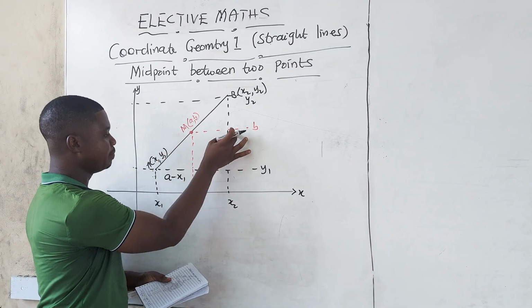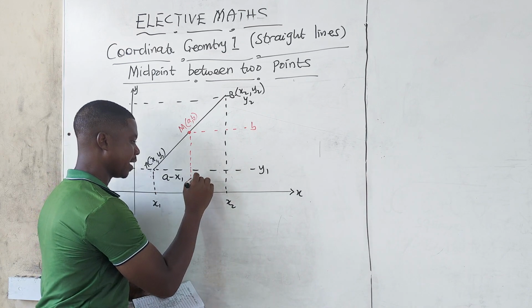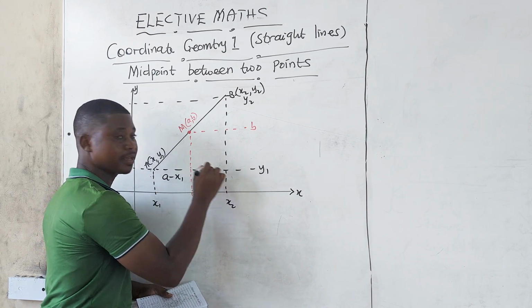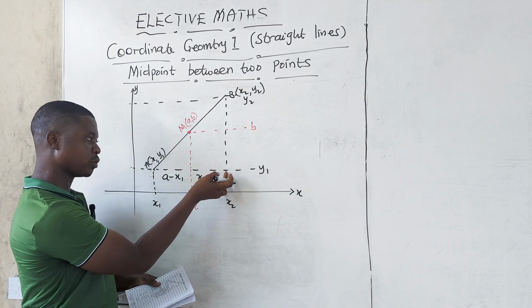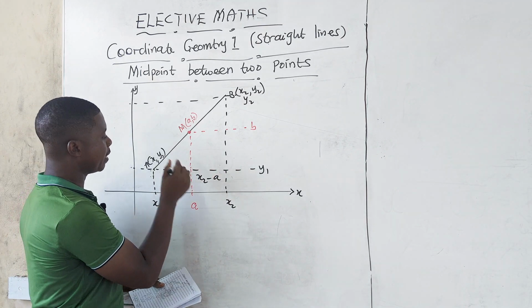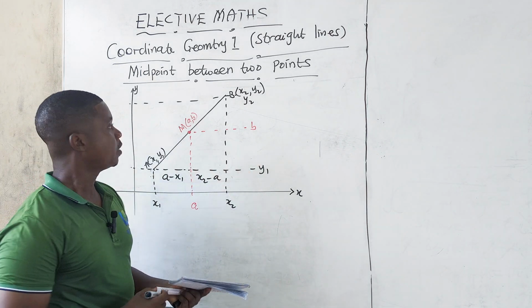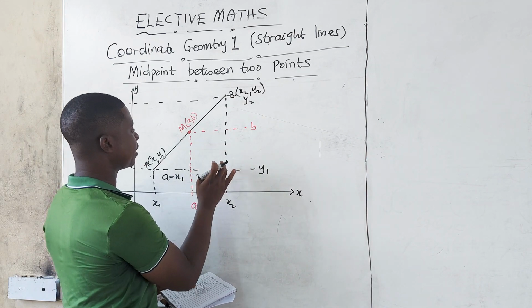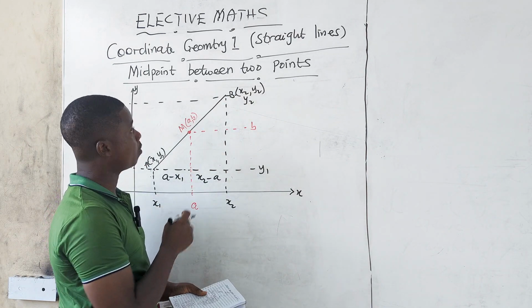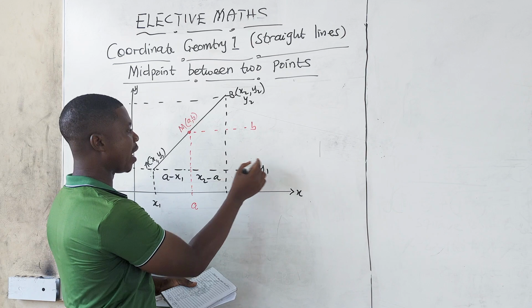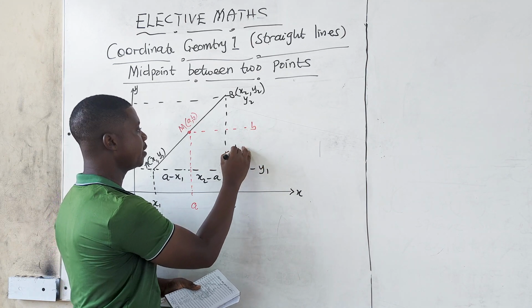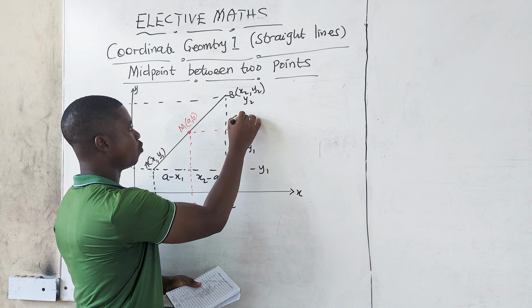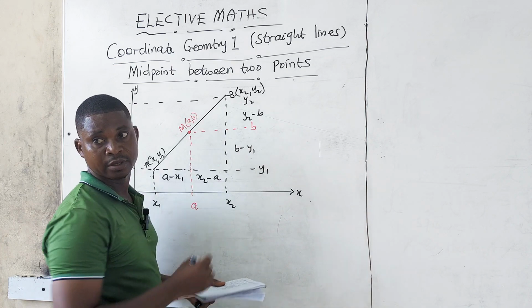And between M and B, we have x2 minus A, because we always subtract the former from the latter. The same thing applies to the y coordinates: in between, we have y1 and B, so we have B minus y1, then y2 minus B.